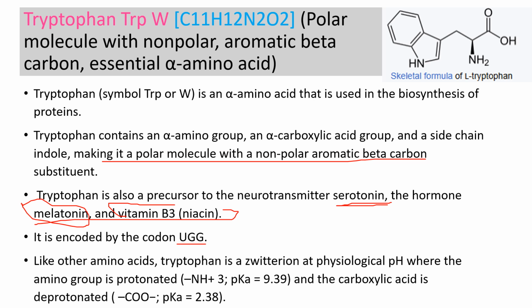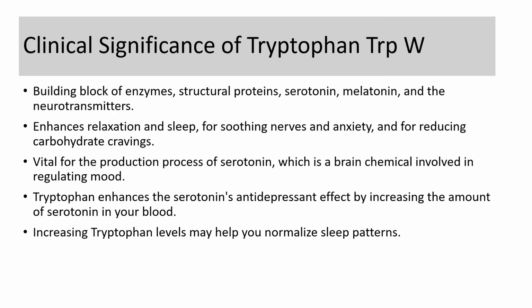Like other amino acids, tryptophan is a zwitterion at physiological pH, where the amino group is protonated and the carboxylic acid is deprotonated. Clinical significance: it is a building block of enzymes, structural proteins, serotonin, melatonin, and neurotransmitters, right? It enhances relaxation and sleep.